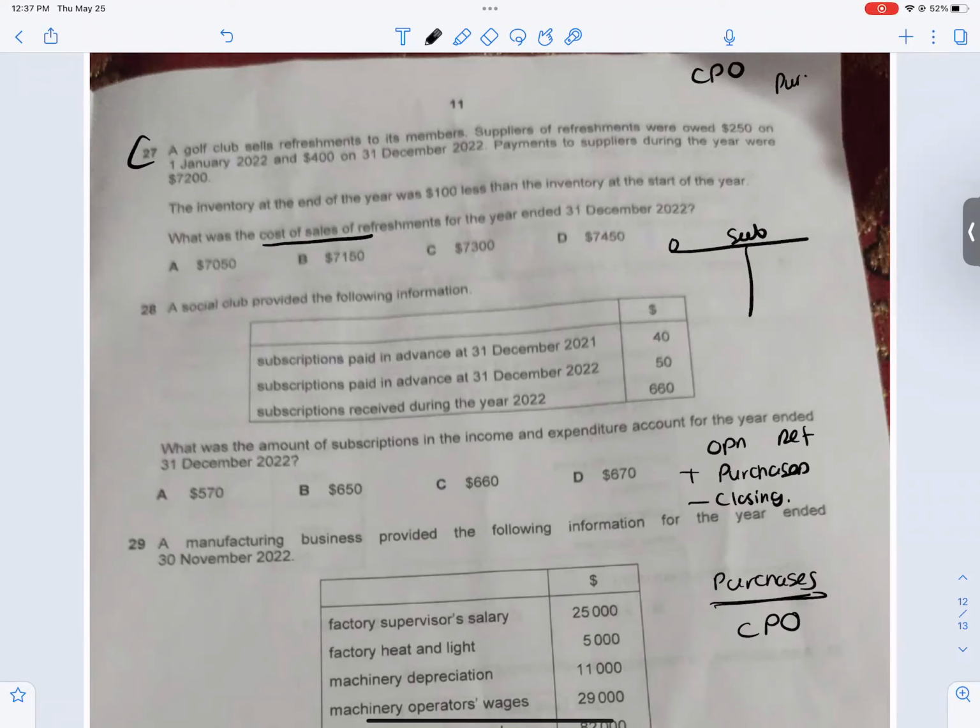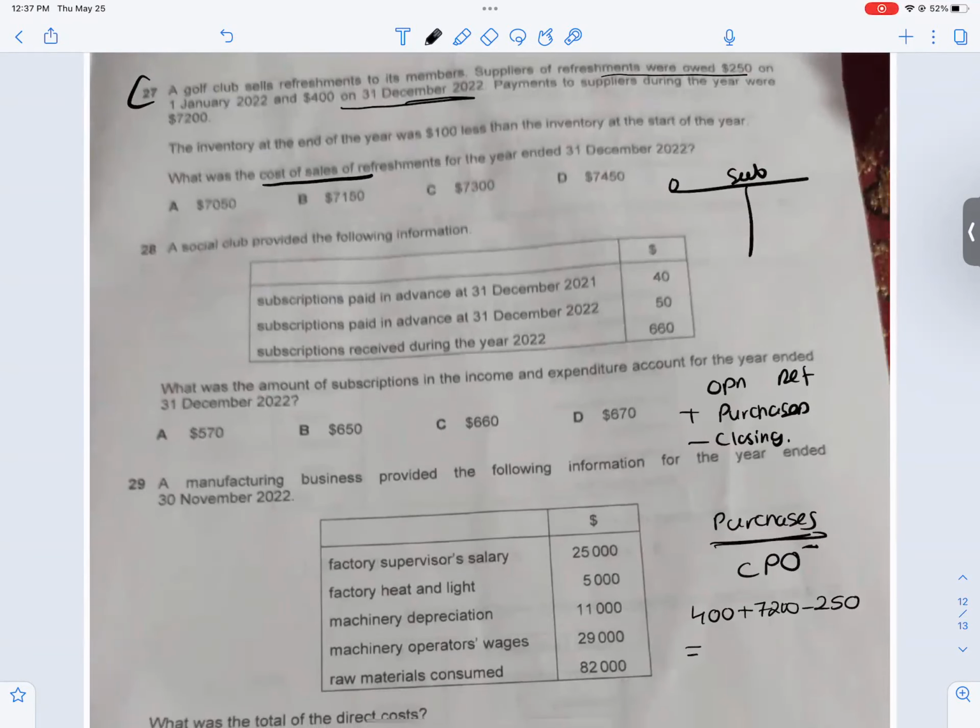Suppliers of refreshments owed 250 on 1st Jan, so opening suppliers is 250. And 400 on 31st December, so closing suppliers is 400. Payment to suppliers is 7,200. So that will give you purchases.